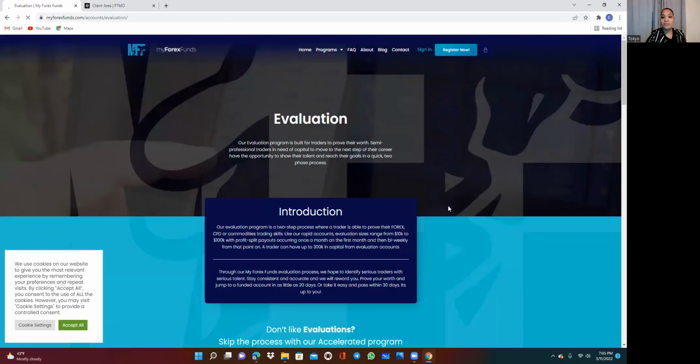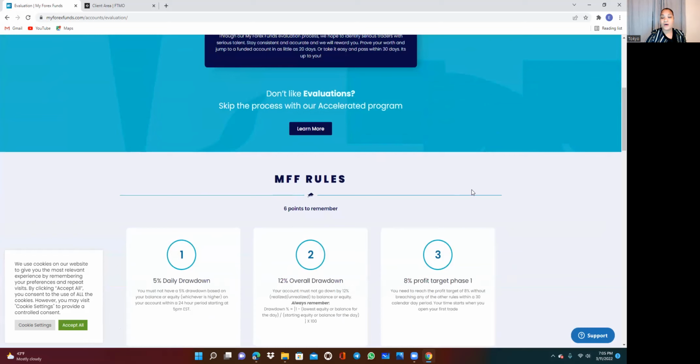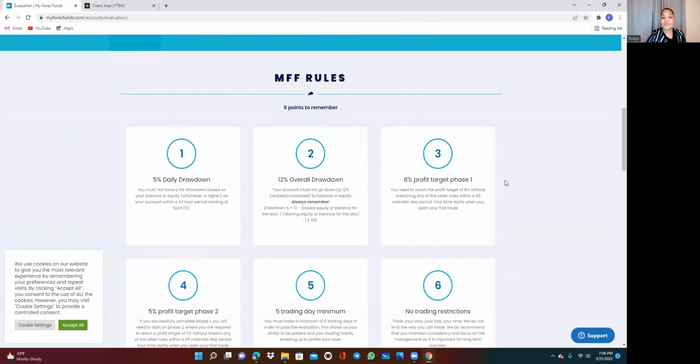So when you trade with these funded accounts, with My Forex Funds, you get to keep 85%, if I'm not mistaken. But I think that they take into account your drawdown based off of your equity for the day before. So if you start off your day and you're having a really good day, even if you made profit, they will count your equity from the day before, which is really confusing.